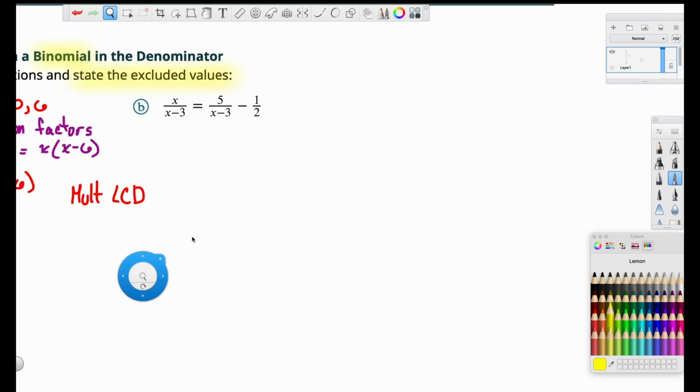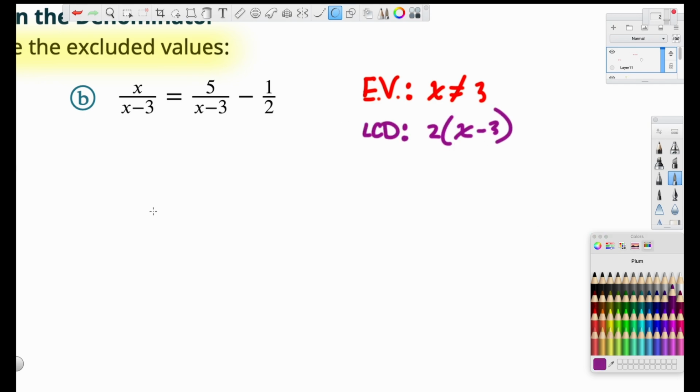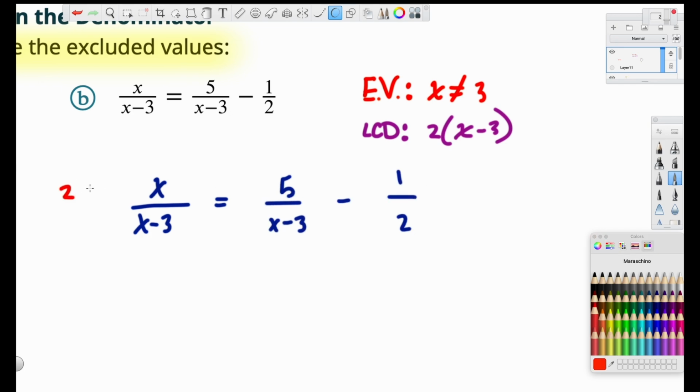On this next one right here, our excluded value is going to be x equals 3, because that would give us 0 in the denominator. Our LCD is going to be 2 and x minus 3 together. So I'm going to rewrite this and then multiply through everything by the LCD. And then I'm going to simplify each part of the expression.